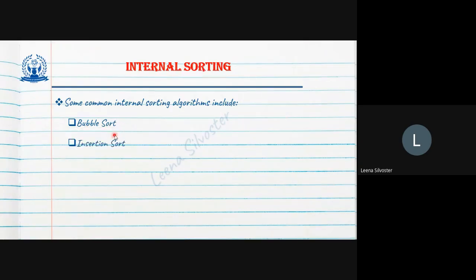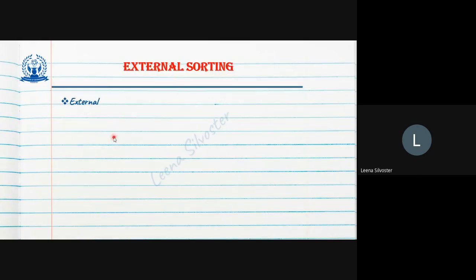Yes, tell me. Okay, bubble sorting. Then insertion sort, quick sort, heap sort, selection sort. We have to study these types of sorting in this chapter.